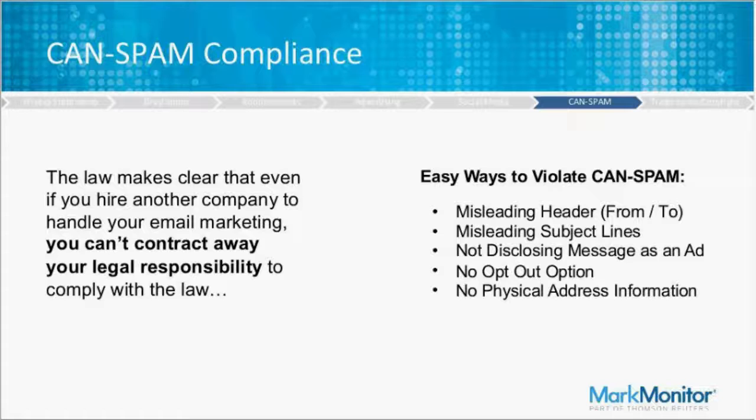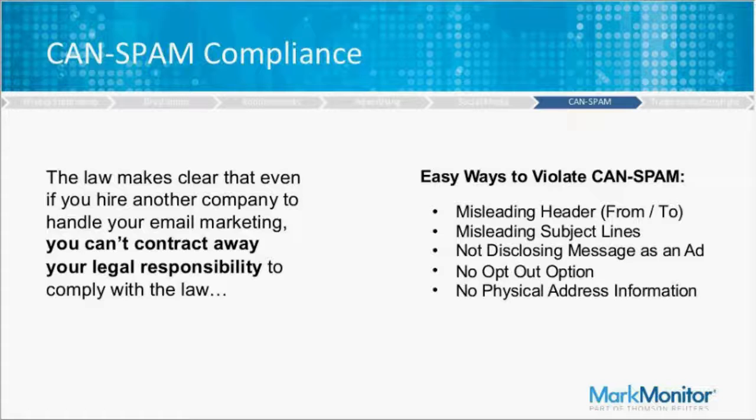So I put this here, just some easy ways to violate CAN-SPAM. If you have misleading header information, if you're saying you're somebody you're not, then that's obviously an issue. Misleading subject lines in order to get people to click and open up the email. Not disclosing the message as an ad. A lot of times you have to have the words advertisement or this is an advertisement in the message. The other two are usually at the bottom of an email message.